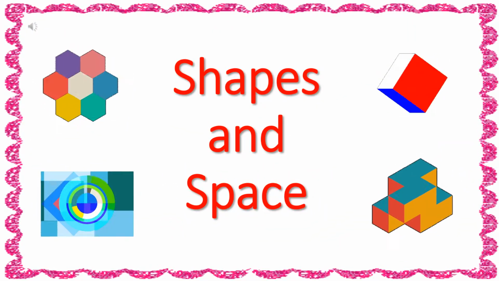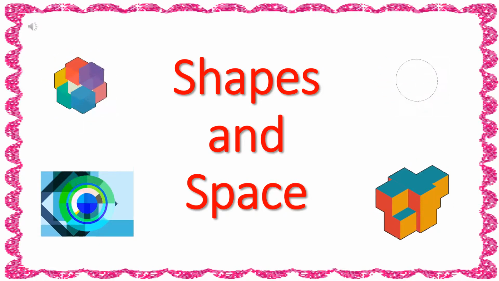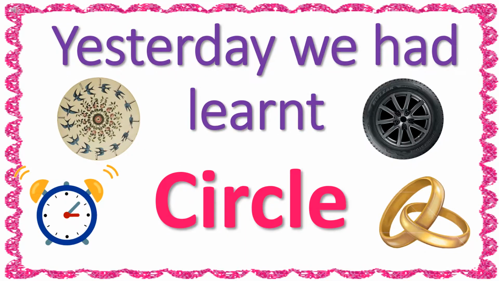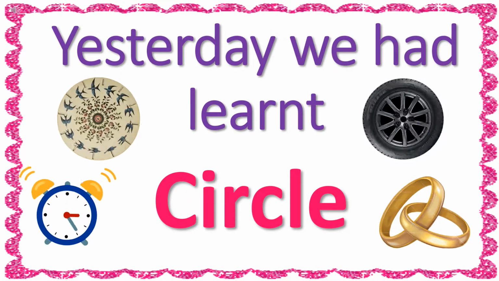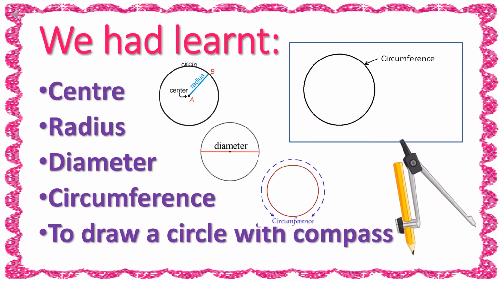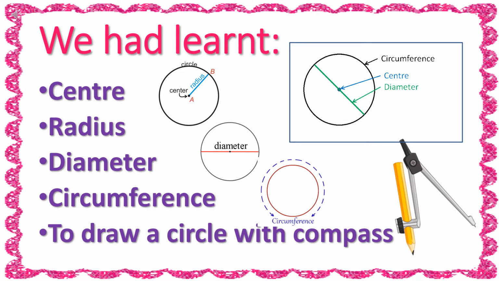These days, we are doing the chapter Shapes and Space. Children, yesterday we had learnt about circle. We had learnt about center of the circle, radius, diameter, and circumference of the circle.